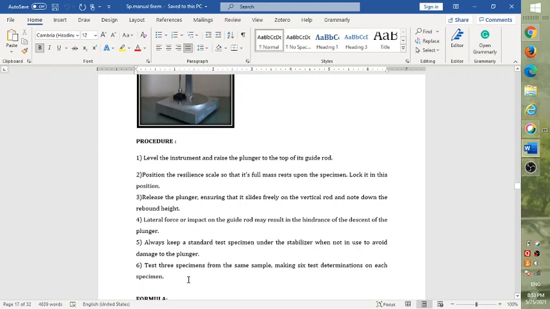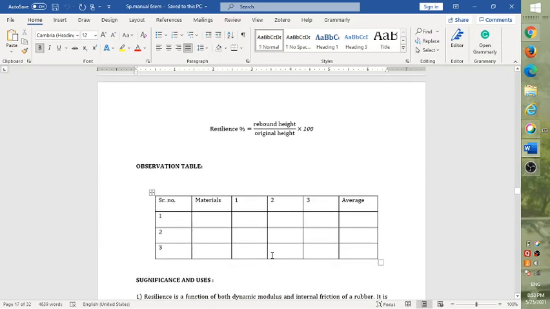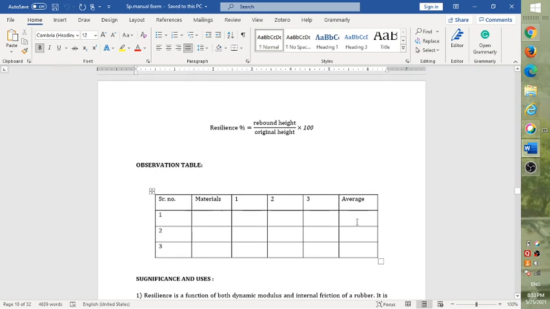Sorry, if you are taking 3 specimens, then you have to take 1 styrene butadiene rubber, 1 PU foam and 1 PS foam. So 3 specimens are there, and you have to make 6 test determinations on each sample, or you can do 3 also. He's saying 6, but we will do 3 because 3 is given here, and then take the average.